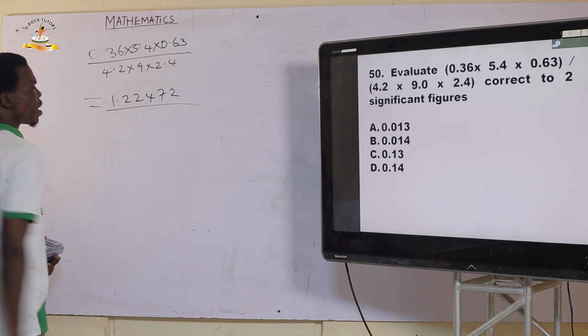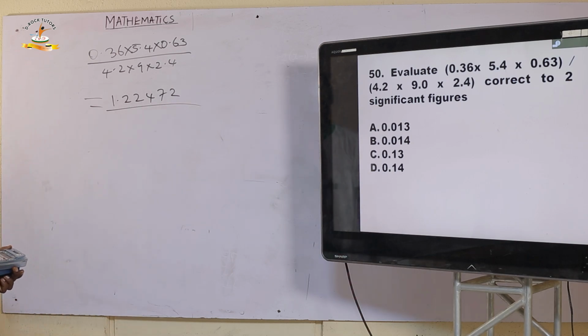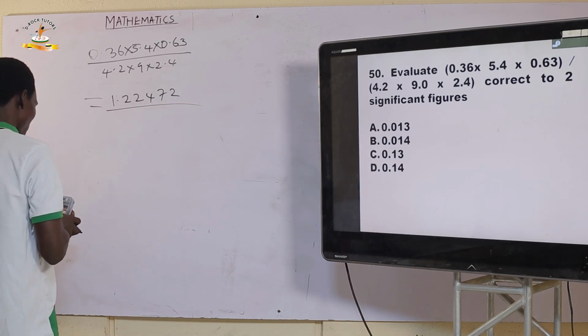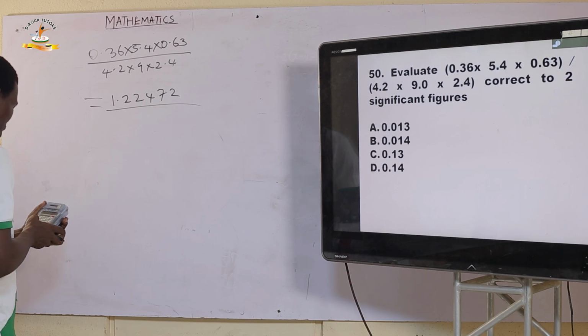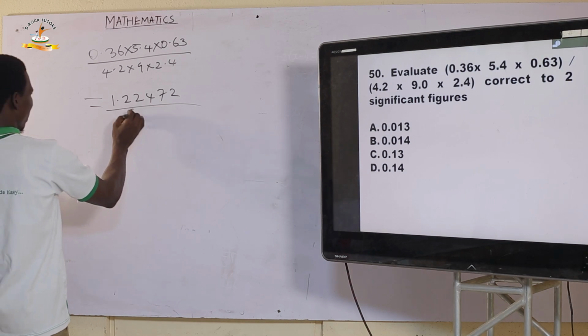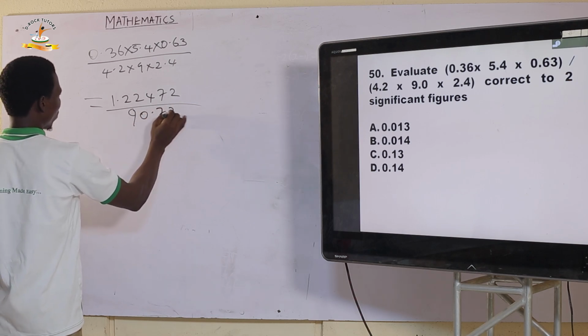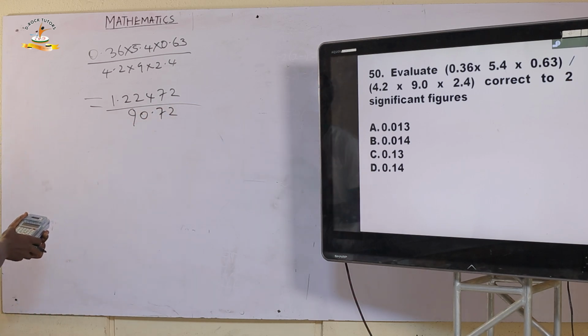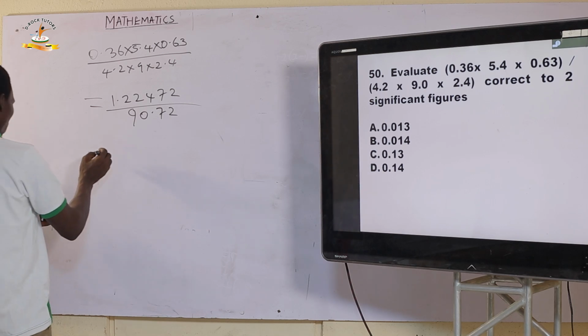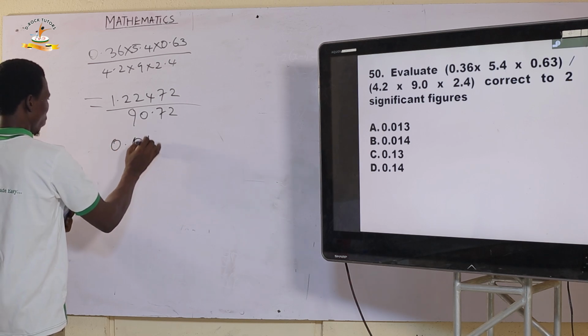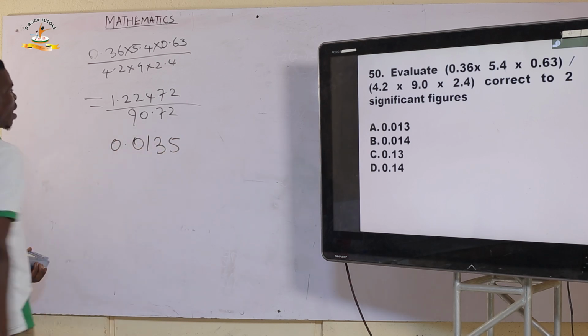Please, in this case, you write out all the decimal places firstly. So the denominator 4.2 multiplied by 9, rather, times 2.4, and this is going to be 90.72. So we simply say 1.22472 divided by 90.72, and this gives us 0.0135. This is the answer.